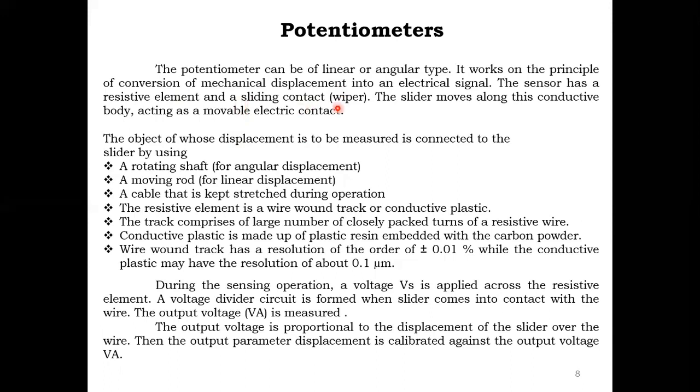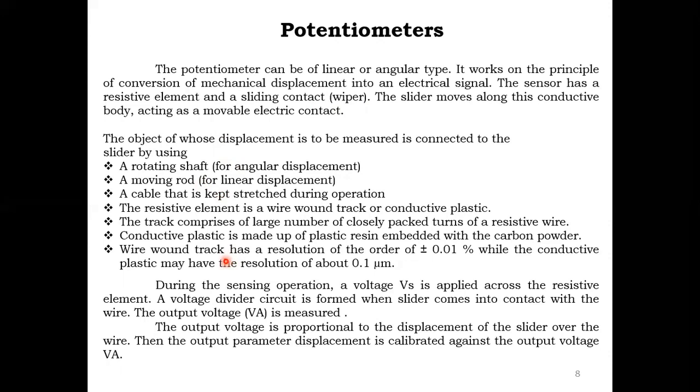The slider moves along this conductive body, acting as a movable electric contact. The object whose displacement is to be measured is connected to the slider by a rotating shaft for angular displacement, or a moving rod for linear displacement.